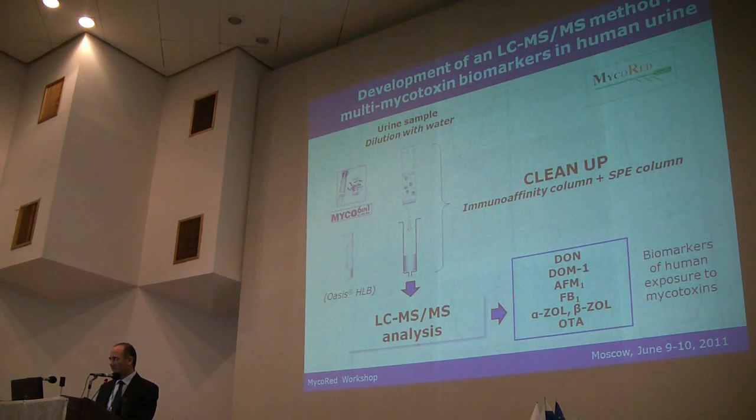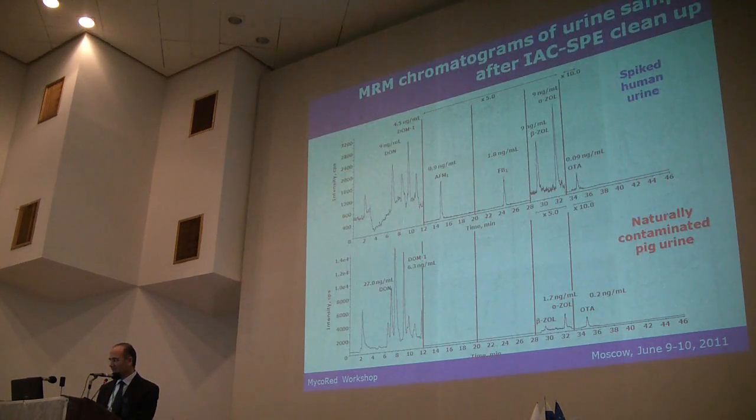In our lab, we have developed an LC-MS method for the multi-mycotoxin biomarker by using a double cleanup, immunoaffinity column cleanup and SPE cleanup with Oasis column. And this is a typical chromatogram of urine sample after IAC and SPE cleanup in spiked human urine and naturally contaminated pig urine.